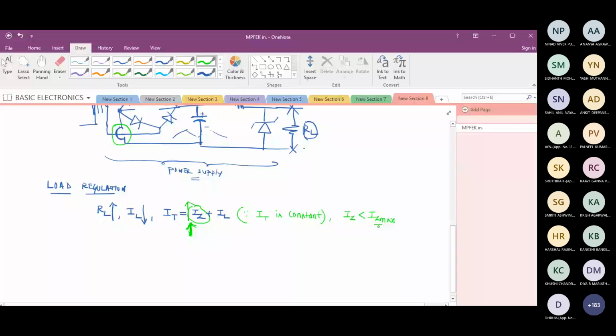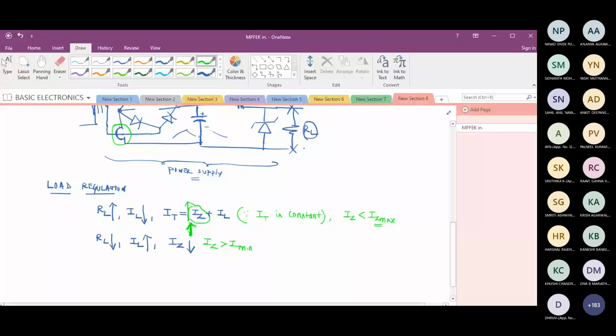The other way around. If RL decreases, what happens to IL? IL will increase and IZ will decrease. So what should I ensure now? IZ should be greater than IZ min. So when you connect a load, ensure that the Zener current is above IZ minimum.